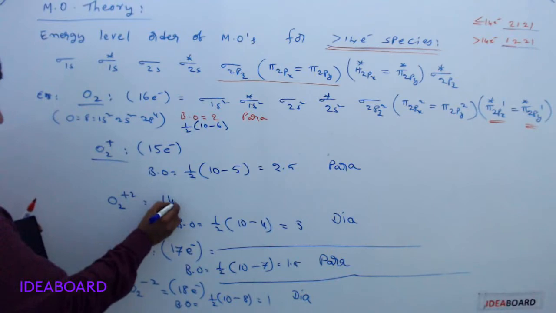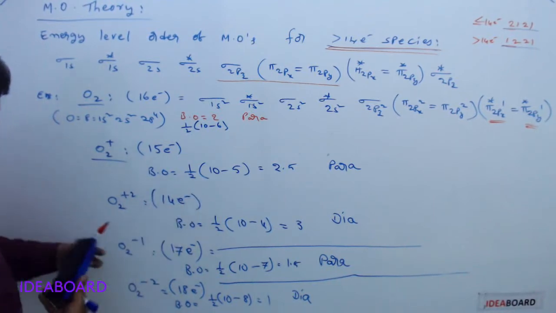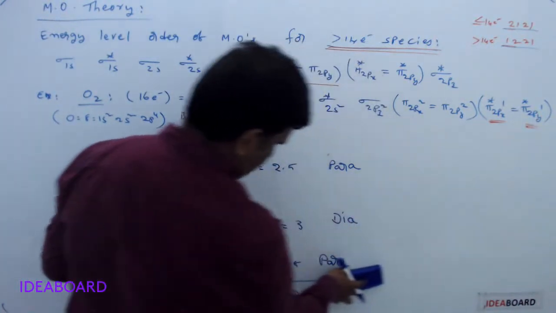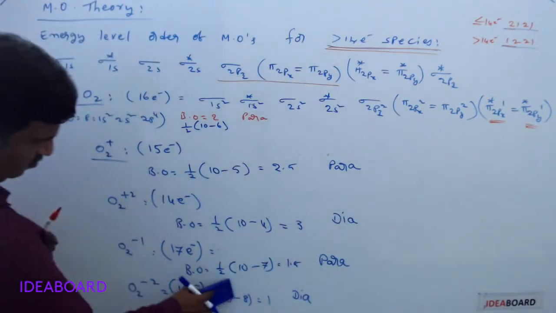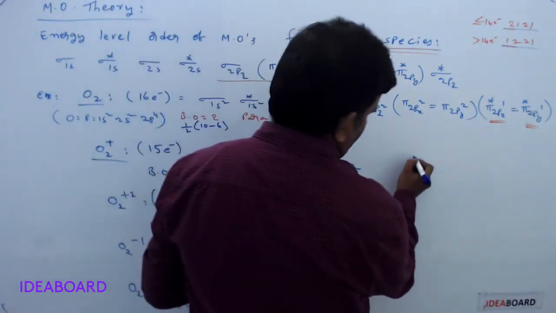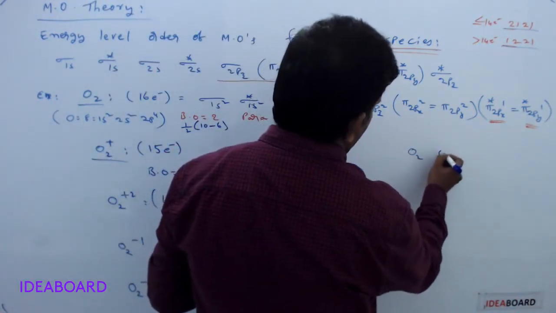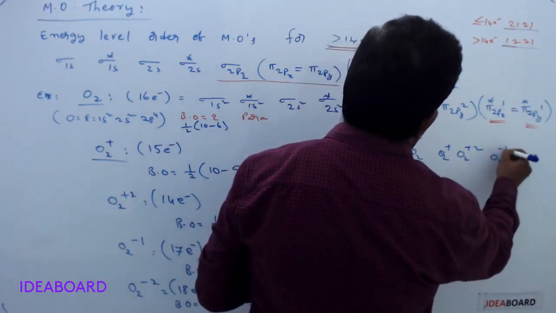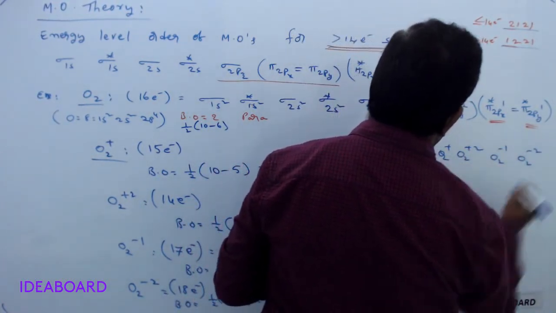O2 plus is 14 electrons. So I am writing again O2, O2 plus, O2 plus 2, O2 minus 1, O2 minus 2.